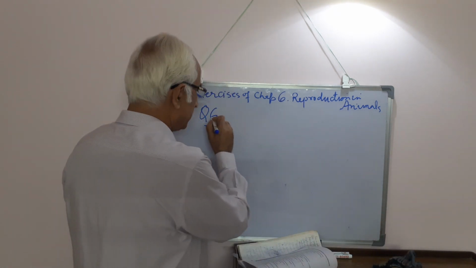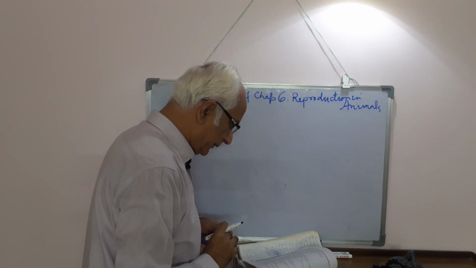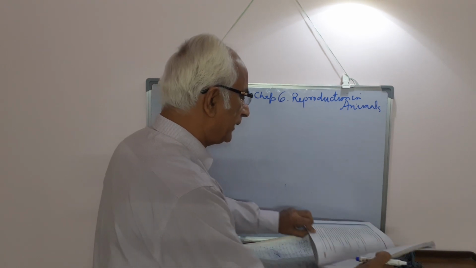So now we'll come to question number 6. Define asexual reproduction. Okay? So there are two types of reproduction.